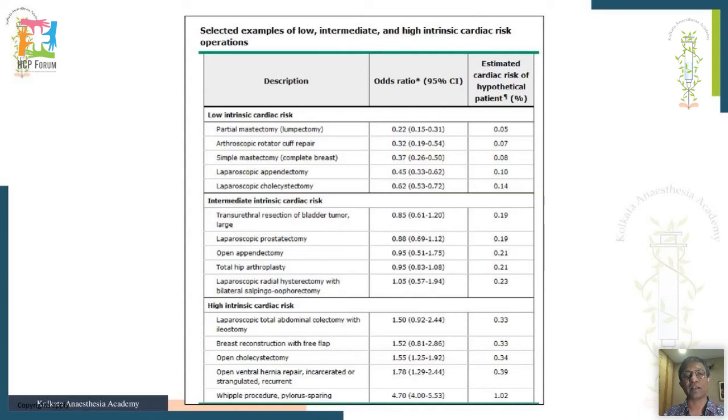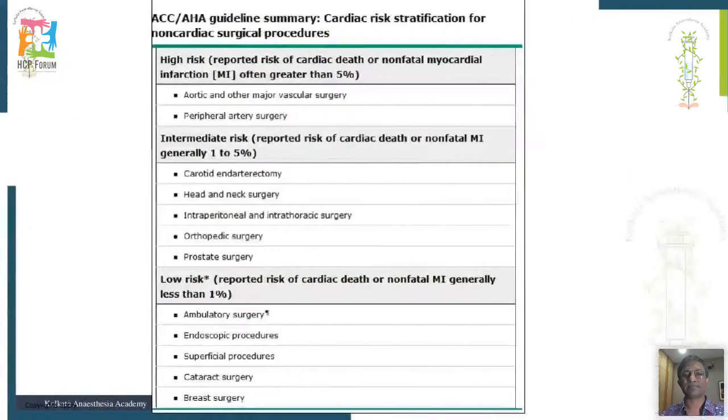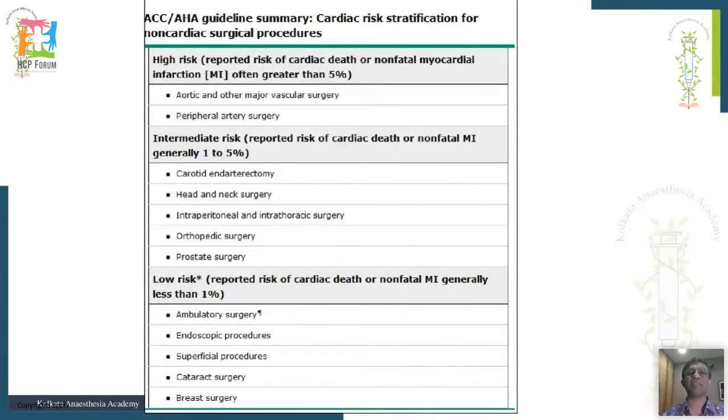A lap ventral hernia repair possibly will have a lesser odds ratio than an open ventral hernia repair. But essentially, this shows that with the same given patient factors, the surgical factor influences the perioperative risk. And this is something that was there in the previous 2007 and the 2009 ACC/AHA guidelines. I still like it much better than just two classifications of MACE less than 1% and greater than 1%.